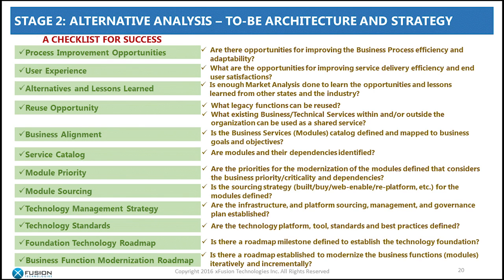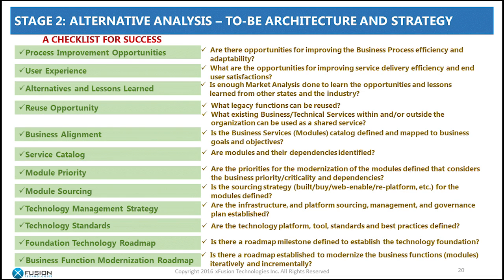In the as-is analysis phase, as we discussed, we documented the business processes. Now, did you look at the business processes and identify the improvement opportunities for them? User experience: how the services are delivered today to the human users, and what are the opportunities for improving the user experience when they are consuming those services.